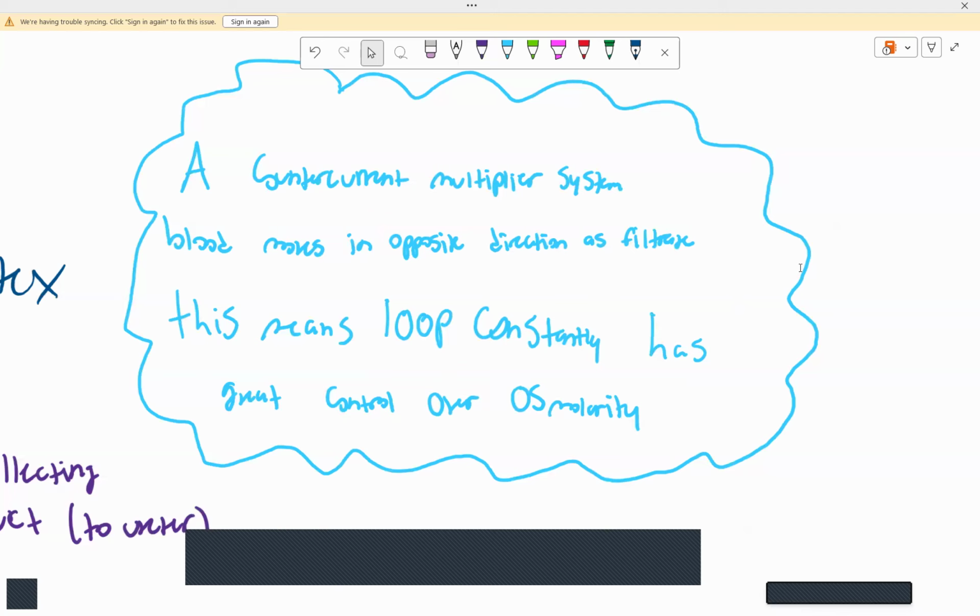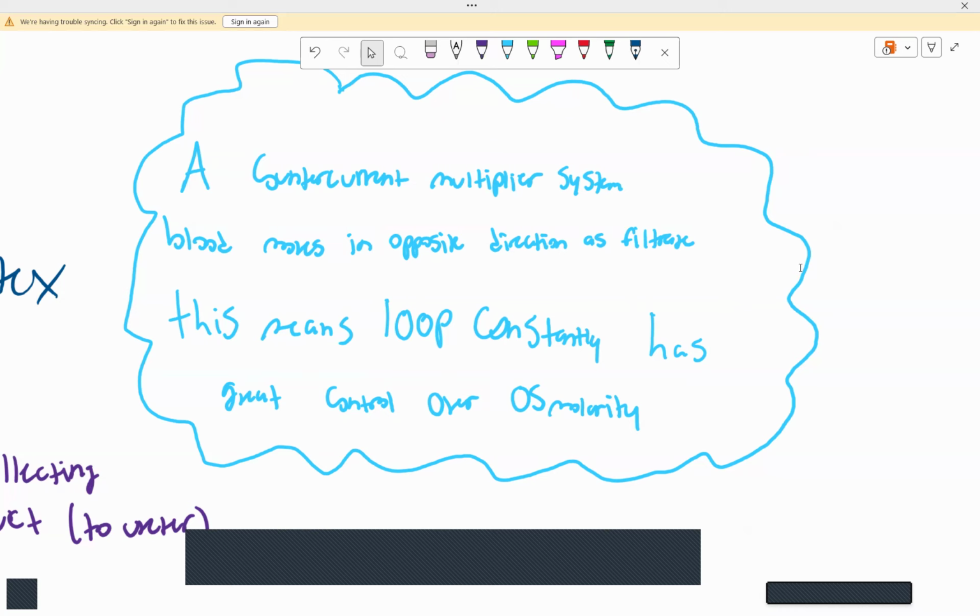So if you have a bunch of ions in your blood, then you're going to want water to flow in. So you're going to try and dilute, if that makes sense, since you want everything to be in equal concentrations. And that is why this exists.